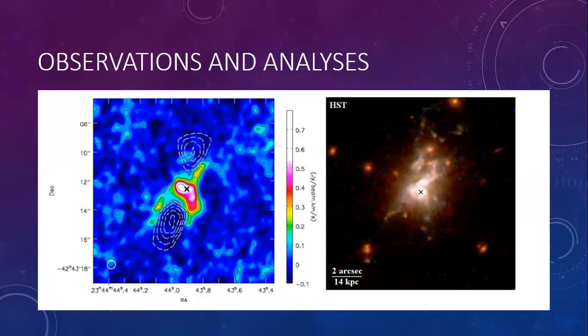The masses of these three filaments are calculated to be 0.5 times 10 to the power of 10 solar mass for the northwest filament and 0.3 times 10 to the power of 10 solar mass for both the southeast filament and the south filament.